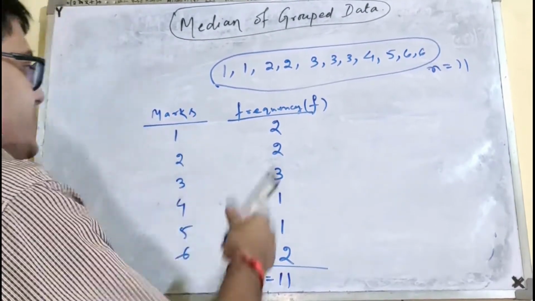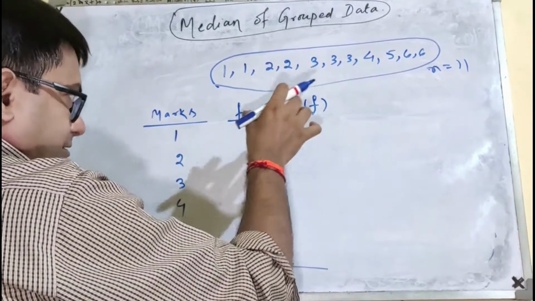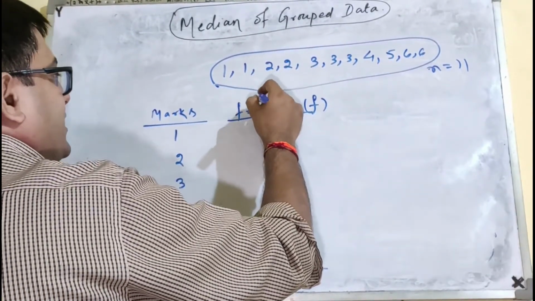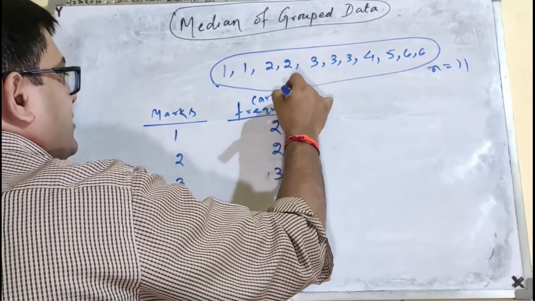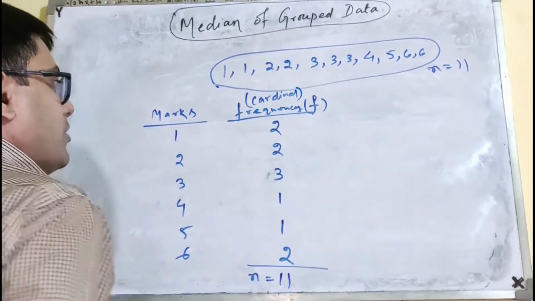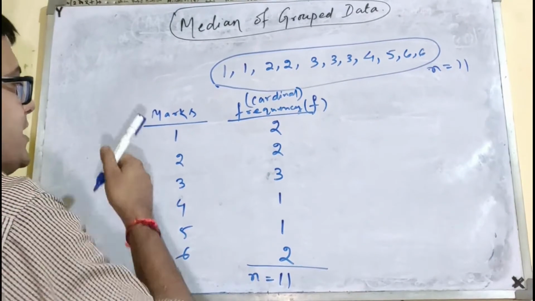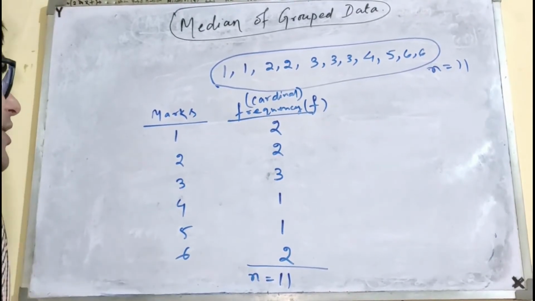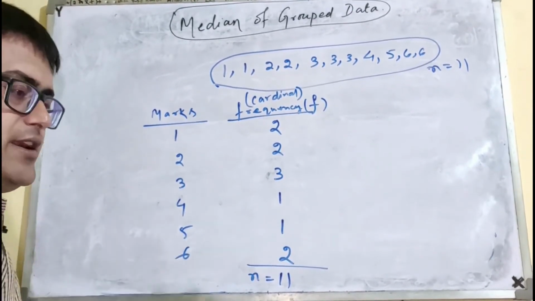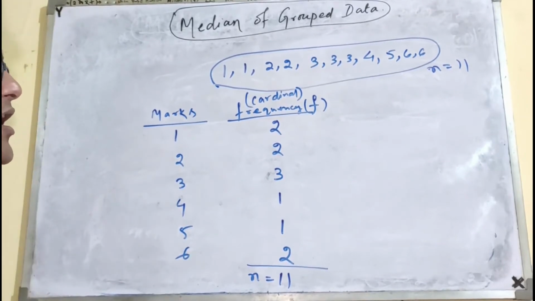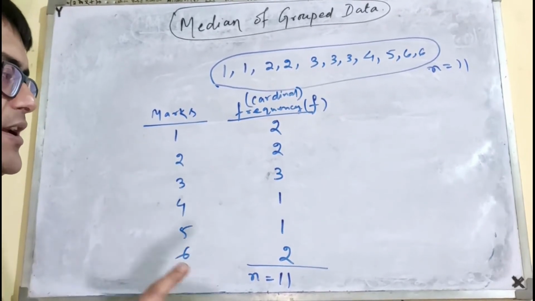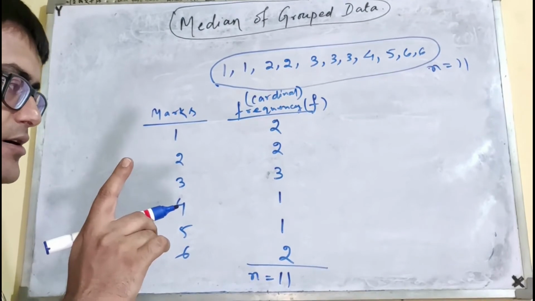Okay. So this frequency f gives you the cardinal value of a particular mark or a particular data point. It shows you the quantity of data points with that particular value.